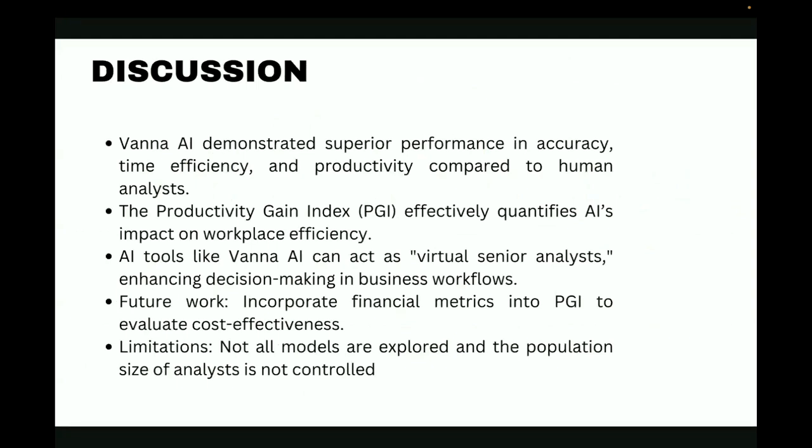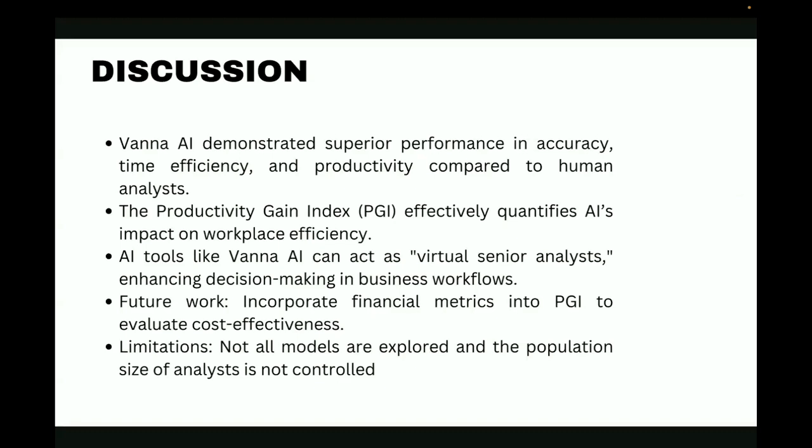Right. For the discussions, we have demonstrated that AI models, in this case Vanna AI, have provided superior performance in terms of accuracy, time efficiency, and productivity compared to humans. And PGI, our contribution, has effectively quantified the AI impact on the workplace.